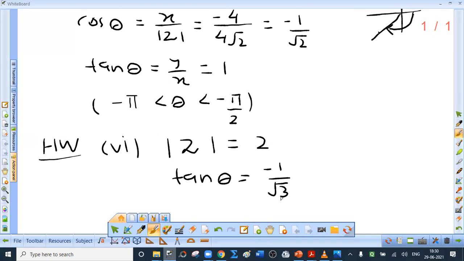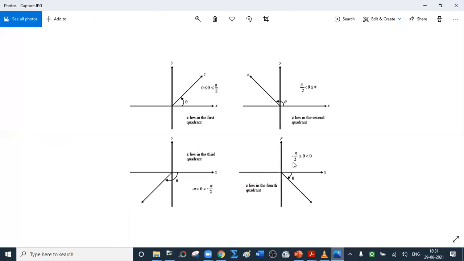See, in sum number 6, the point lies in which quadrant? Point lies in fourth quadrant, right? So I have to say minus pi by 2 less than theta less than 0. See, fourth quadrant, minus pi by 2 less than theta less than 0.